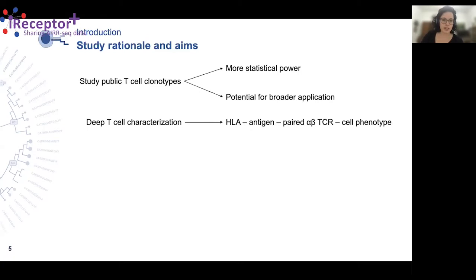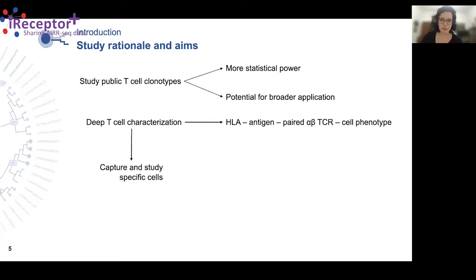And again, what we did is this deep characterization, the HLA antigen paired alpha beta TCR axis. The idea is that while doing this characterization, you can then study certain specific T cells much better, because if you know the HLA and the antigen specificity, you can capture the specific T cells or re-express these TCRs and do more experimental validations or analyses.